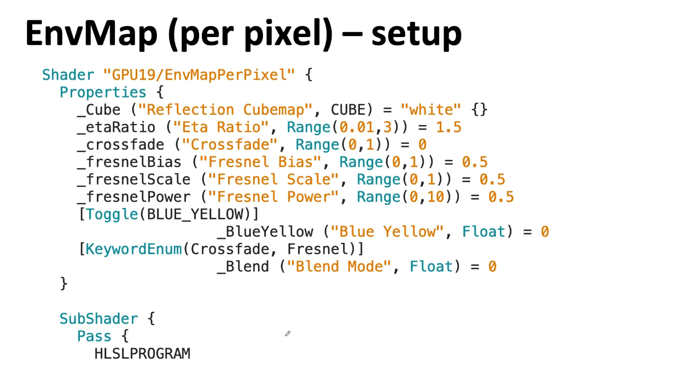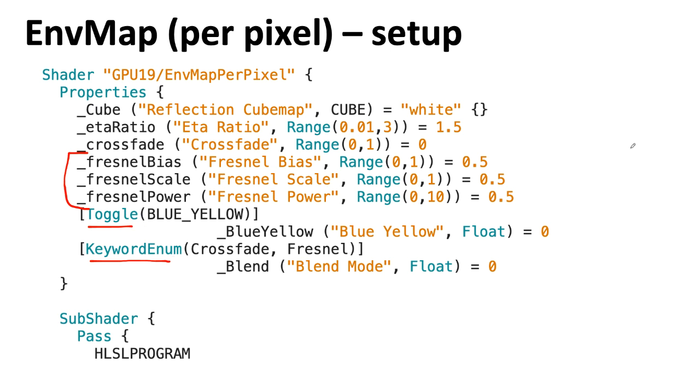So let's take a look at our code. Here I've added 3 new parameters for the Fresnel effect. And I've also added a couple things we haven't used before. I've added a toggle and a keyword enum. These are Unity-specific things, but pretty much any engine in the same class as Unity will have similar facilities in some way.